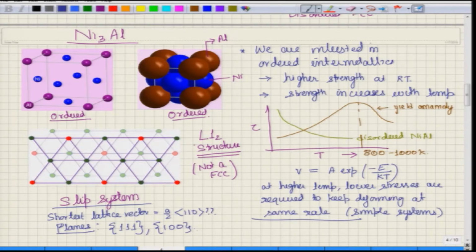Okay. So, now we want to establish whether this a/2 <110> can still be a lattice vector for our Ni3Al system.